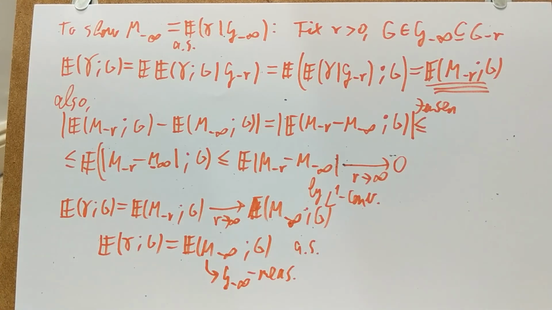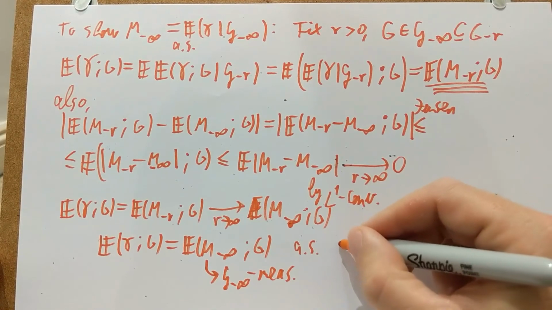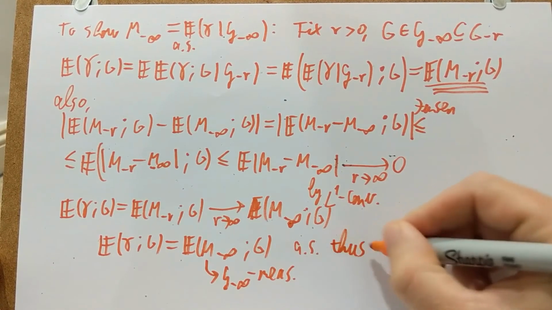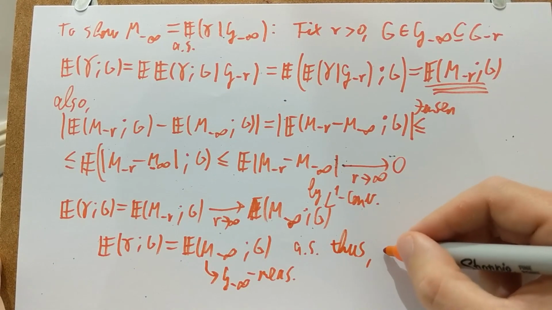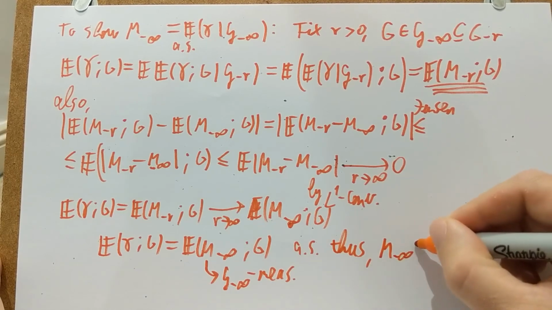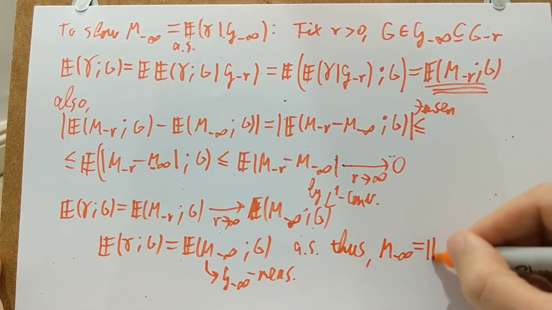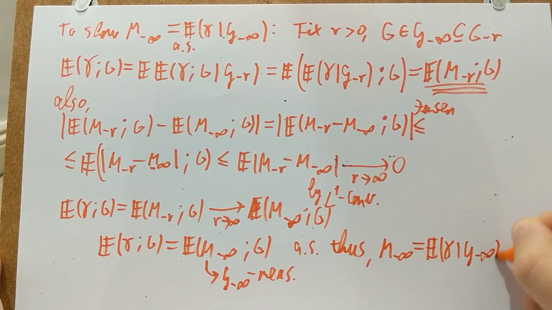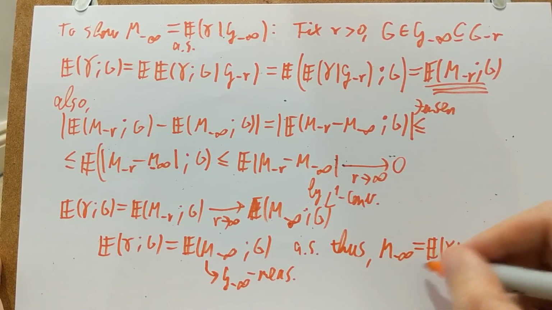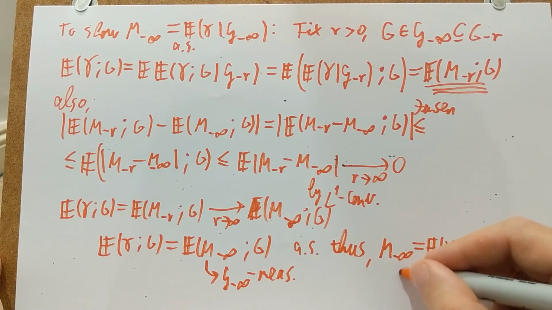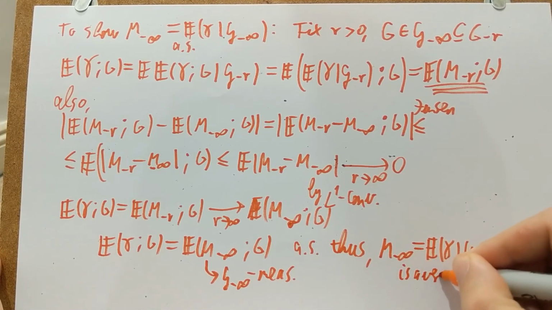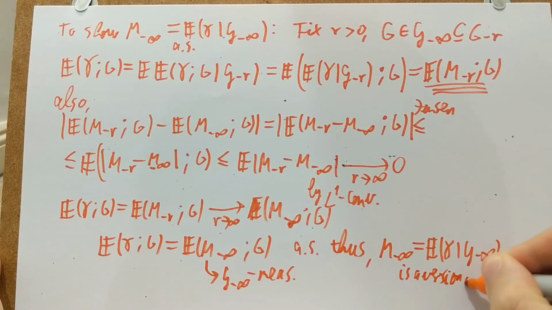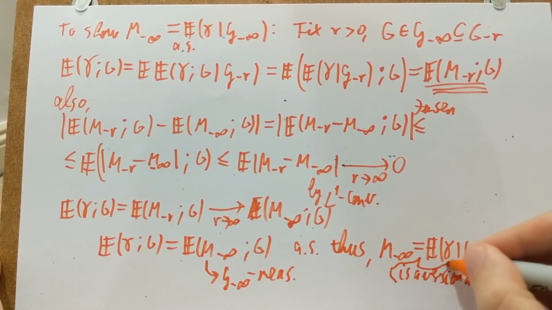So if you look at Kolmogorov's theorem on conditional expectation, it follows that M_{-∞} is a version of the conditional expectation of gamma given G_{-∞}. Okay, it's a version, so it's equal in this sense.